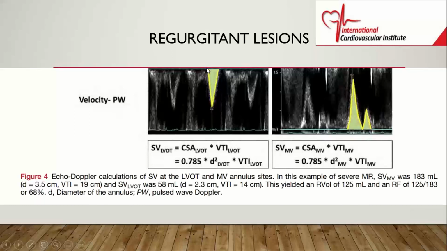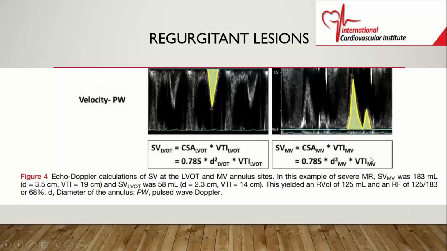For the LVOT, you do your pulse wave Doppler, you plane it, and you get the VTI across the LVOT. For the mitral valve, you look at the mitral inflow, your E velocity and A velocity. You plane the whole thing, and you get the VTI, the velocity time integral, across the mitral valve.